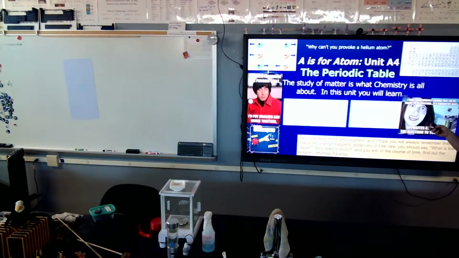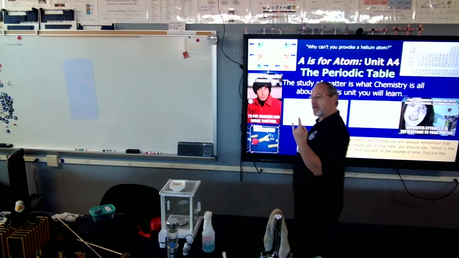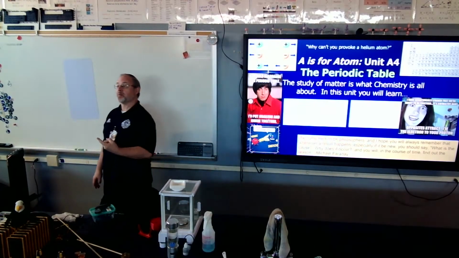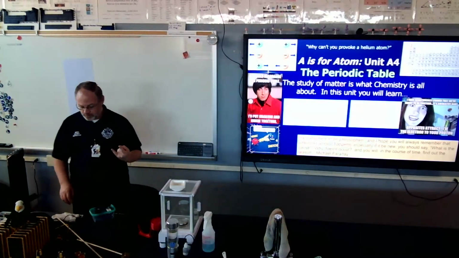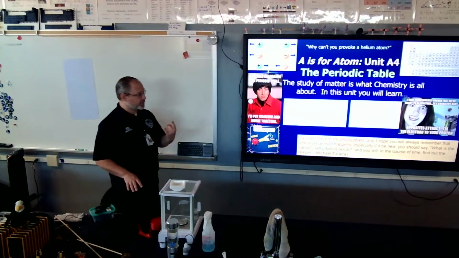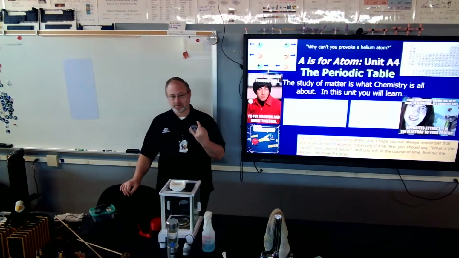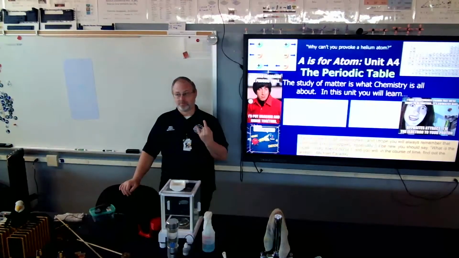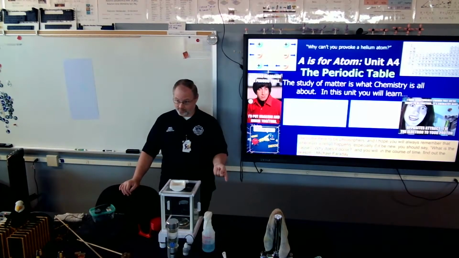Now, before we go any further, let's talk about what properties mean. There are two types of properties in chemistry: physical properties and chemical properties. This is something you learned in middle school. Does anyone remember the difference between physical and chemical? A physical property is something that can be reversed, like melting point.